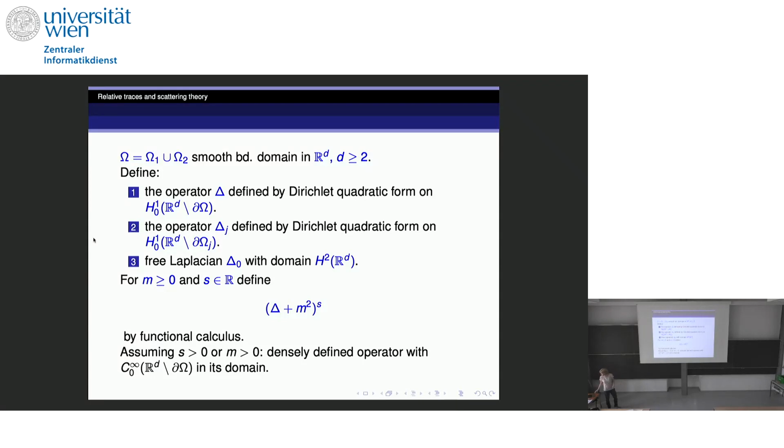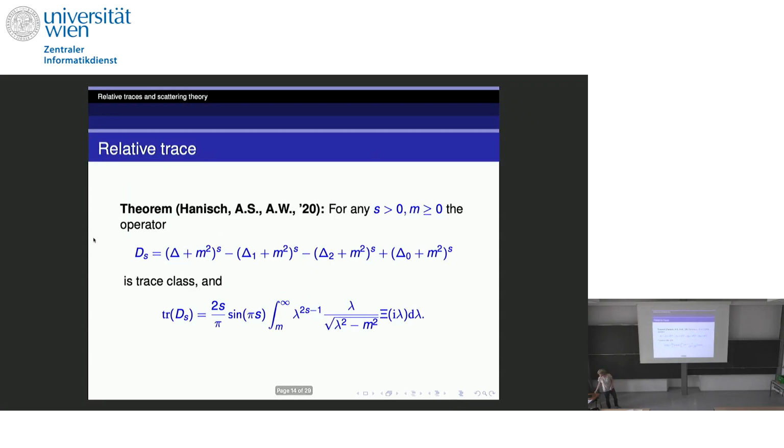But we'll start with everything smooth. Remember, first order approximation. So as part of our first theorem, we say S is greater than 0, M is greater than 0, and we take this operator, which represents the Casimir effect. So it's the energy from these obstacles in between them.